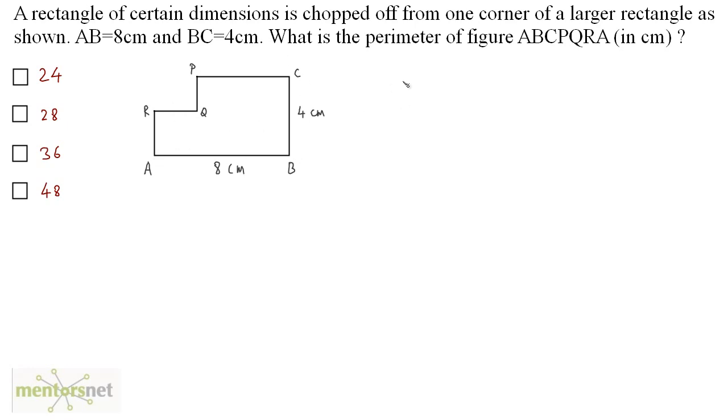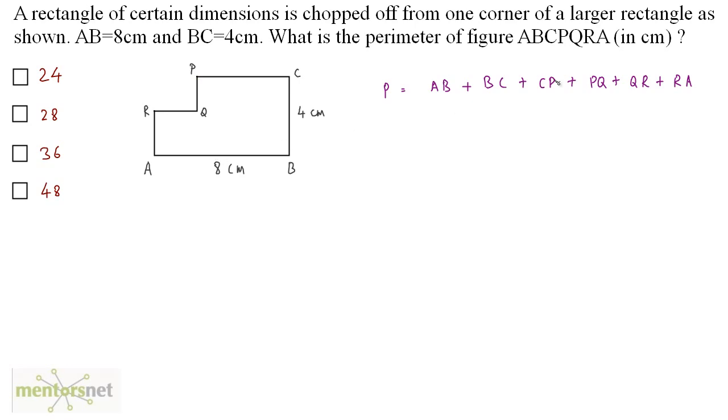So I can write it as P is equals to AB plus BC plus CP plus PQ plus QR plus RA, last side. Now CP plus QR will be equal to AB, isn't it?